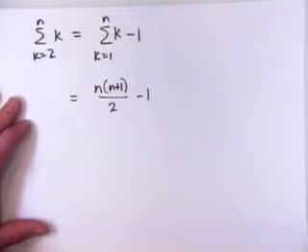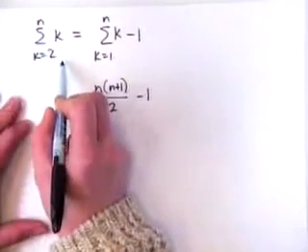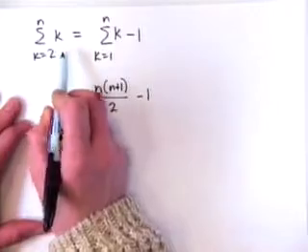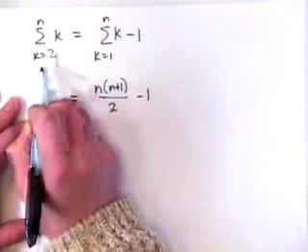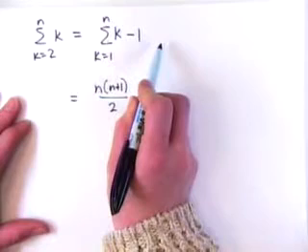So that would have been, I can substitute in n times n plus 1 all over 2 minus 1. So if you want to use that formula, but you have different ranges, now you know how to change it. How did that happen again? Well, if I start from 2, if I go from 2 to n, and I add those numbers up, so this means I add 2 plus 3 plus 4 plus 5 plus 6 plus 7 all the way up to n. That's the same thing as adding 1 up to n, except I have to take the 1 back off.